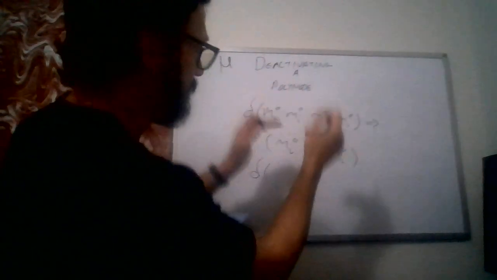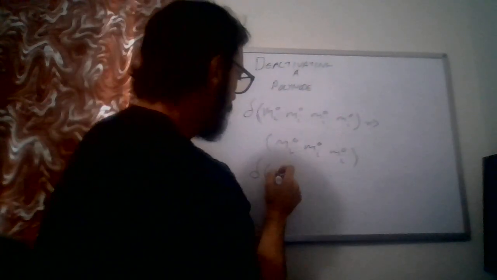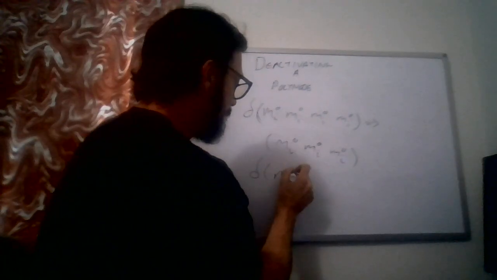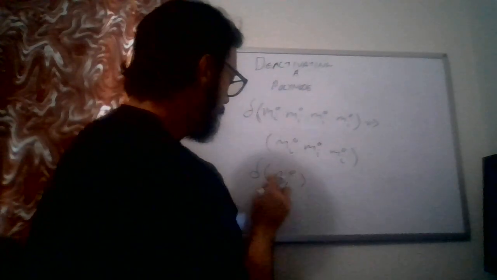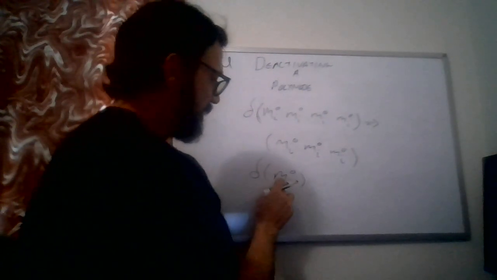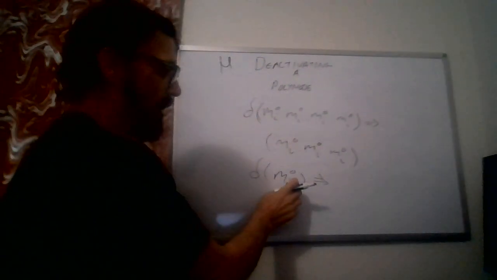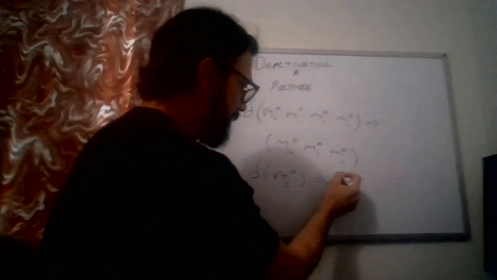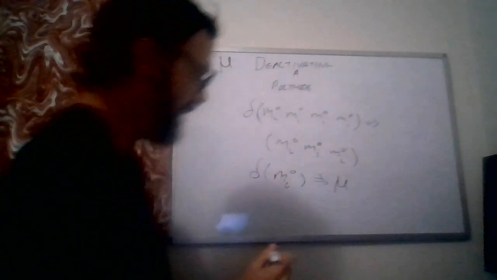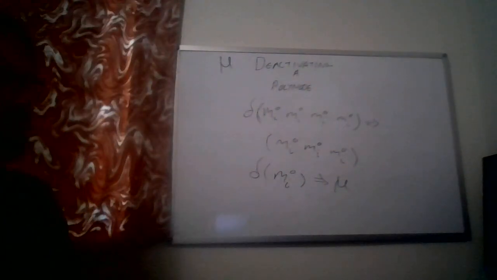If you keep doing the same operation, using a delta on that, then as I showed before, when you use the delta on your single node with no additivity, it completely deactivates it into the Mu universe.